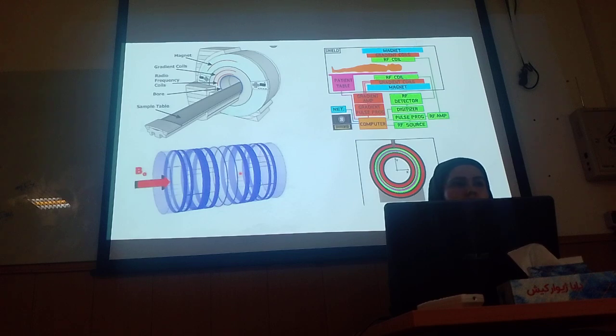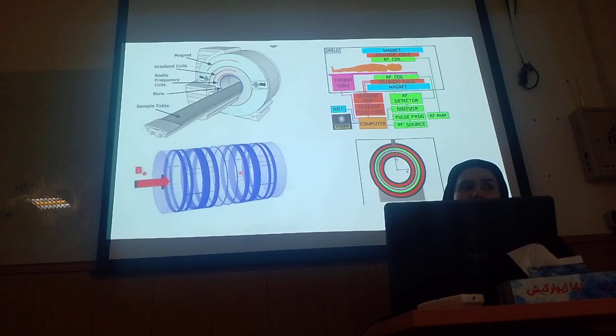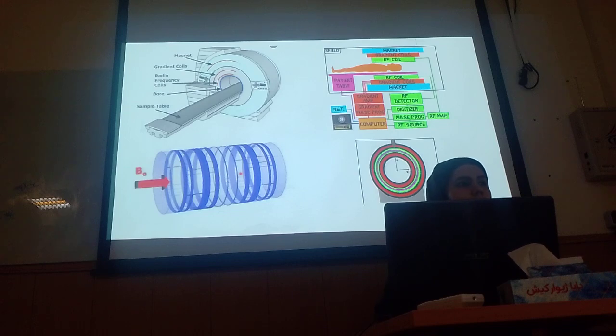Each individual hydrogen nucleus has a magnetic property, has a spin, has magnetic moment. But in this situation, all of these spins are placed within an externally applied magnetic field, lying under the Bohr magnet.